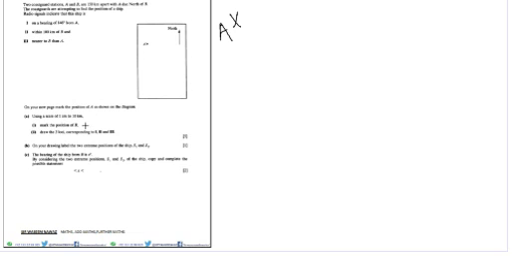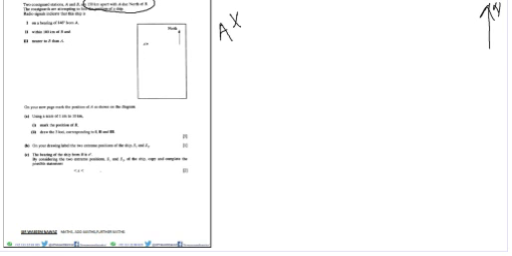Mark the position of B. What is given here is that B is 150 kilometer apart with A due north of B. North is mentioned here, so we have this north direction here.